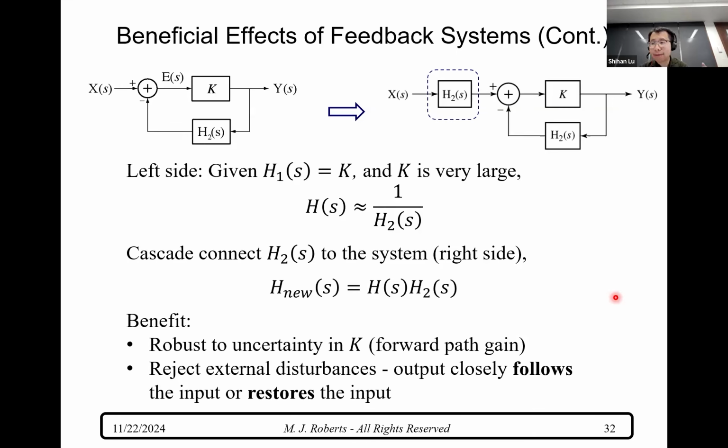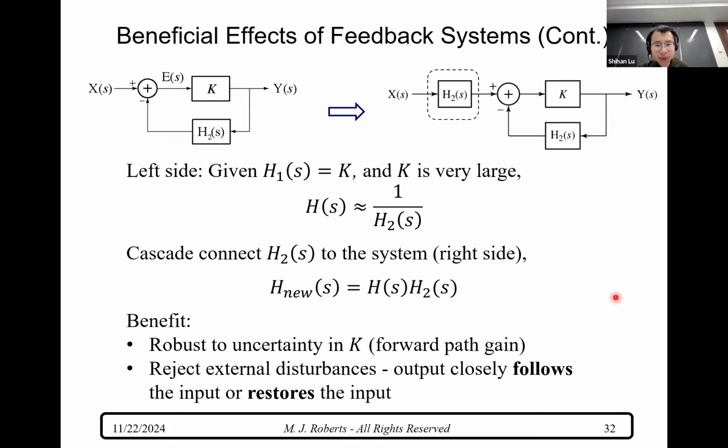The value of K will shift from the actual value, but if you design the system in this way, those errors, either in measurement or from the modeling, will not affect the overall behavior of the system or the final system output. That's the first benefit: this system will be very robust to uncertainty in the forward path gain.